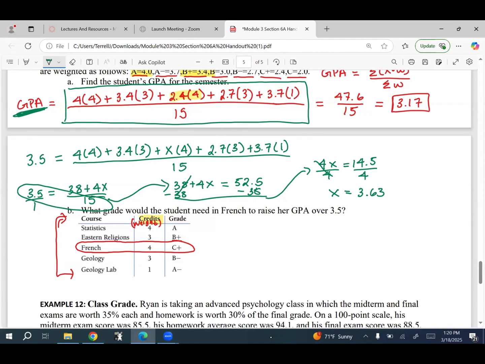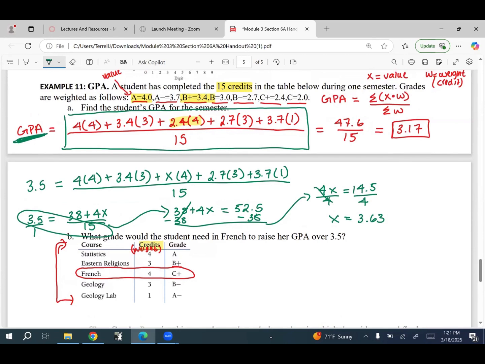So the question is, what grade would the student need? Well, a 3.63 means she needs to get at least an A minus, because look at what an A minus is, 3.7. I just calculated what she needs to get a 3.5, but she wants over a 3.5.